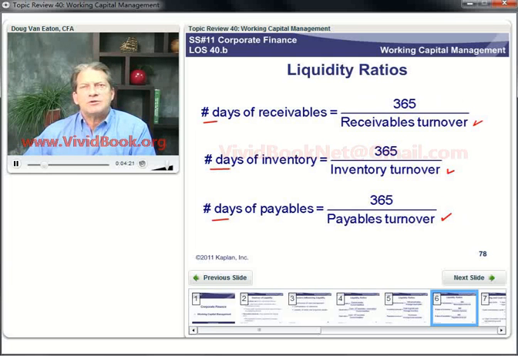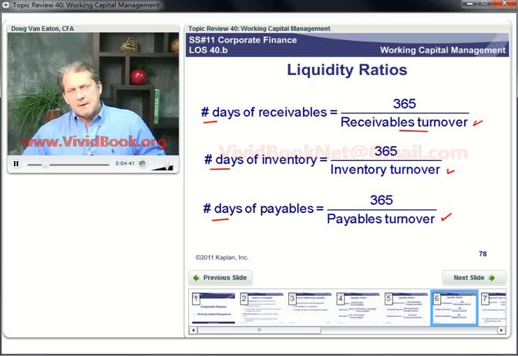We'll get the average days of sales outstanding. It can also be calculated with credit sales, in which case this would be the number of days of credit sales outstanding, average days credit sales. So notice when the receivables turnover goes up, we're collecting more rapidly on our accounts receivable, then the number of days of receivables goes down.